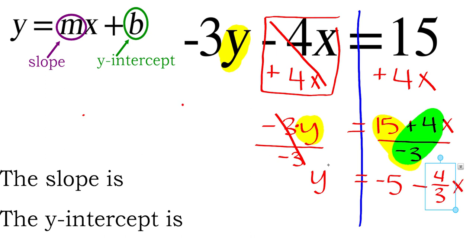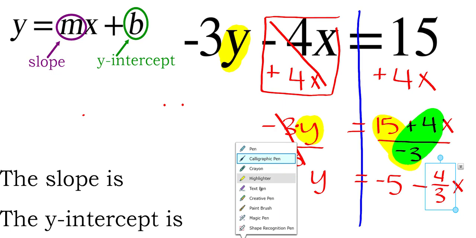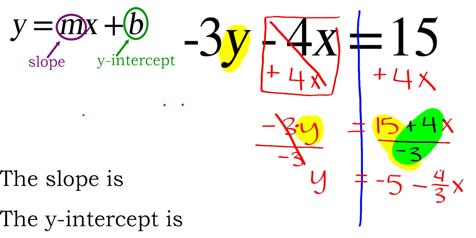Now, this is a slightly different format than what I've shown you in the past, and I did that intentionally. When I'm looking at this equation over here, I'm trying to figure out which number is next to the x term. So when I look at this equation, I can see that -4/3 is next to the x. That guy is right next to the x right there.